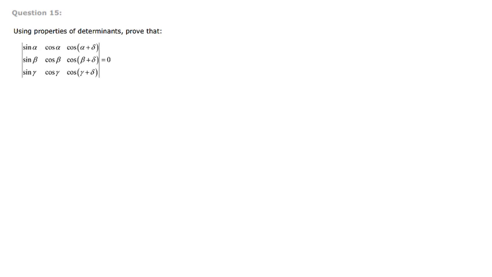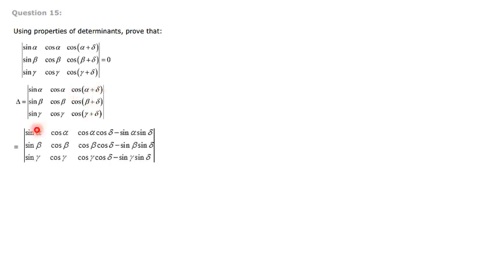Next, we shall discuss question number 15. The question is, using properties of determinants, prove that the determinant with rows sin alpha, cos alpha, plus delta; sin beta, cos beta, plus delta; sin gamma, cos gamma, plus delta equals 0. Let's take the left hand side determinant as delta. Delta is equal to the given determinant, and we have to expand the third column by using the cos A plus B formula.